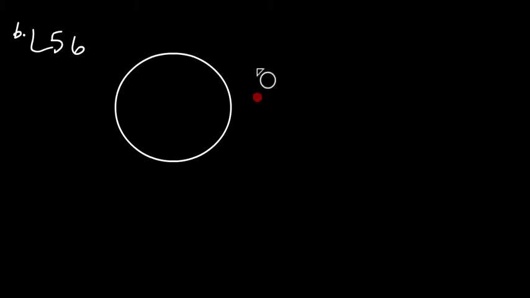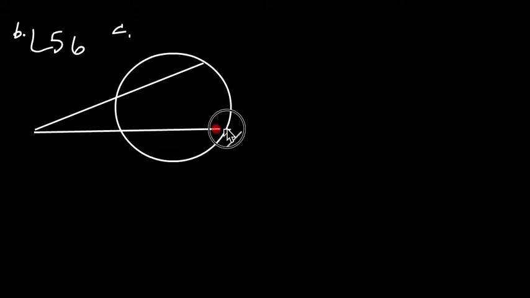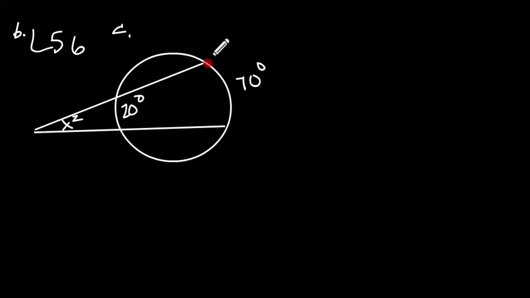Let's just do C. So C looks like this. The secants intersect outside of the circle. So we have out here, and then we have here. And so we have 70 degrees and 20 degrees, and this is x degrees. So if it intersects outside of the circle, you subtract them.